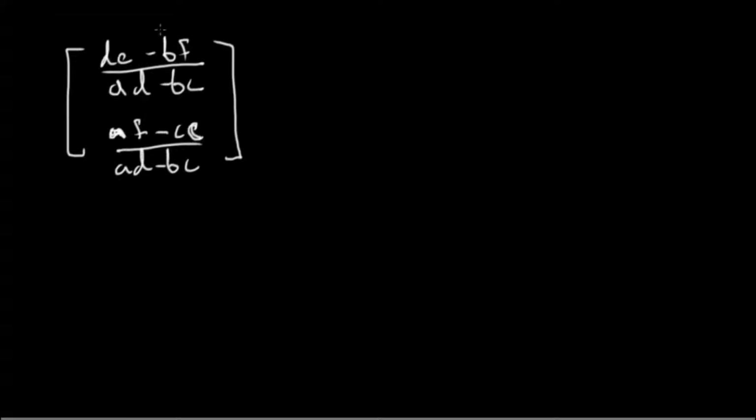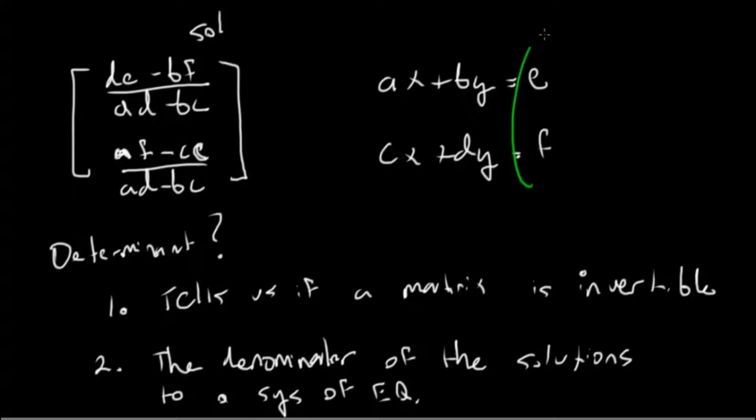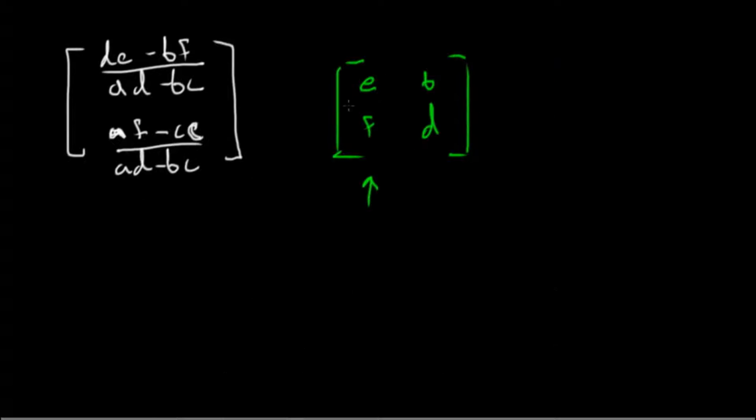All right, so this numerator also kind of looks like a determinant, and there are many matrices that we could write that would have determinant DE minus BF, but if I'm clever and I write it like this, we got E, F, and then B, D. This has the property that the right-hand side of our system of equations, right here, has replaced the x coefficients of our system of equations.